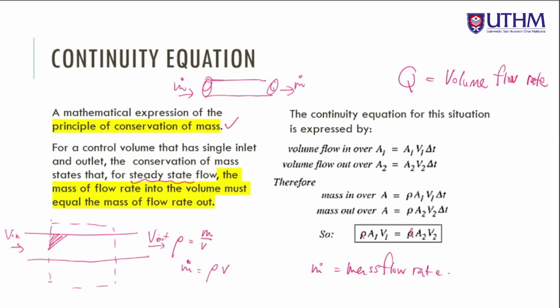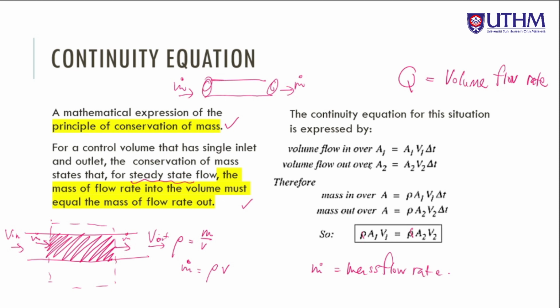So area yang kita akan consider adalah this area, yang mana kita akan tengok apa yang masuk kat sini adalah sama dengan apa yang keluar kat sini. So based on this continuity, the mass flow rate into this control volume must be equal to the mass flow rate out at the outlet.